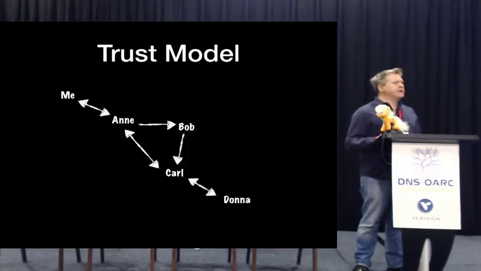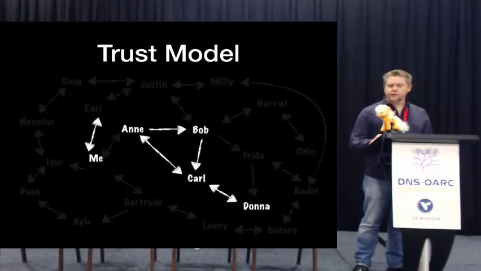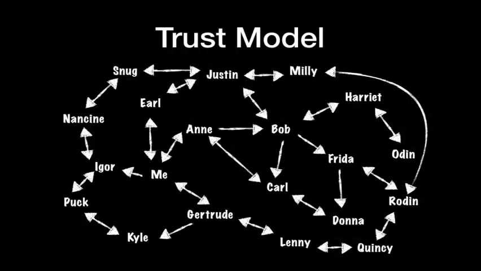But where it gets really interesting is when you start adding more people to this, and what you wind up with is something that looks more like this, except on an even larger scale.